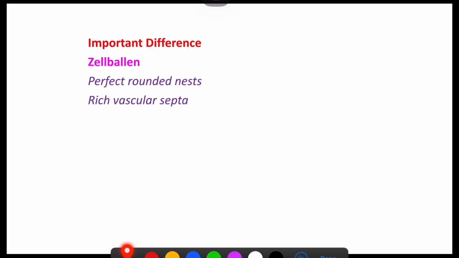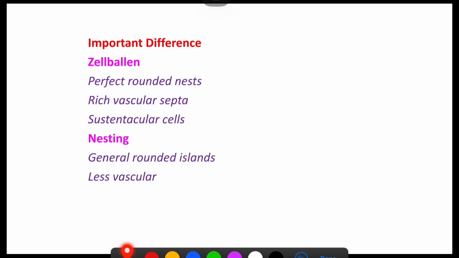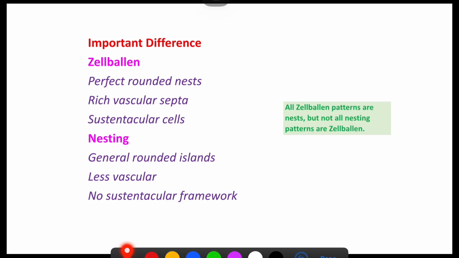So, the important difference between Zellballen and nesting pattern is that Zellballen has perfectly rounded nests, rich vascular septa and sustentacular cells, while in nesting pattern they are rounded islands, less vascular, and with no sustentacular framework. So, all Zellballen patterns are nests, but not all nesting patterns are Zellballen.